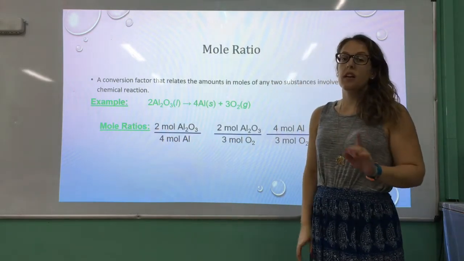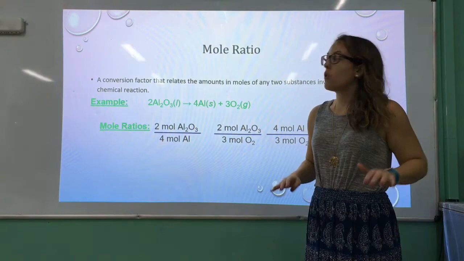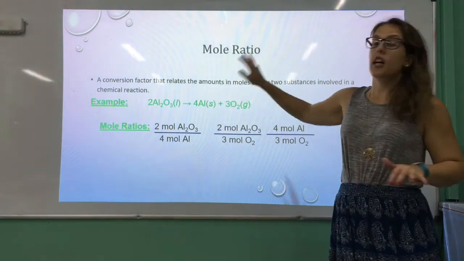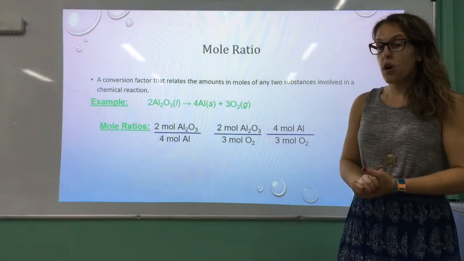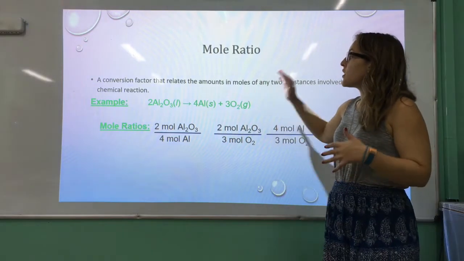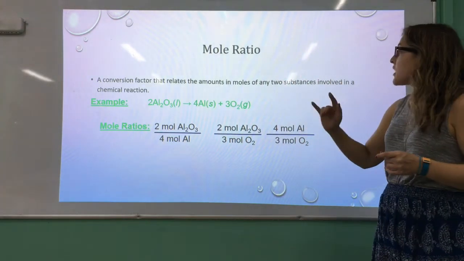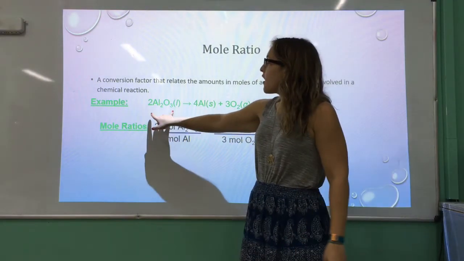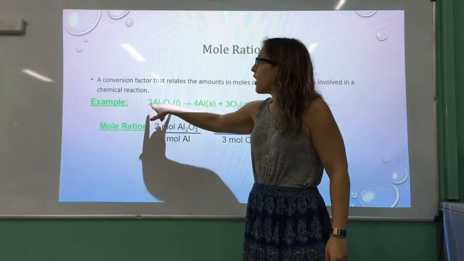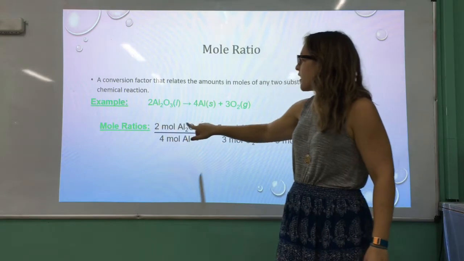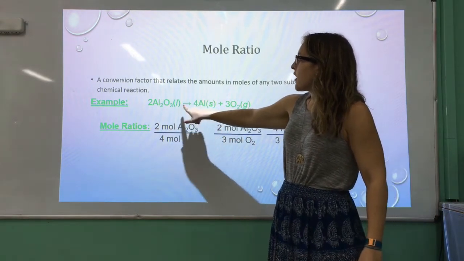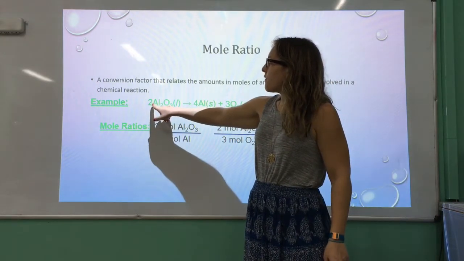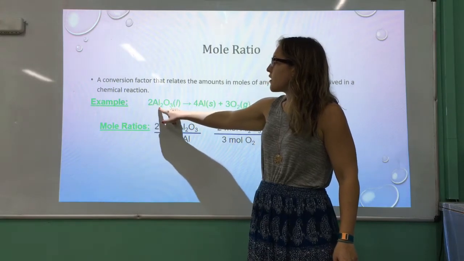Yes, there's only one, but our answer should not only have one. So a conversion factor we learned before relates the amounts in moles of any two substances involved in a chemical reaction. So we can say for every mole of aluminum oxide we have here, we have 2 moles in this equation.